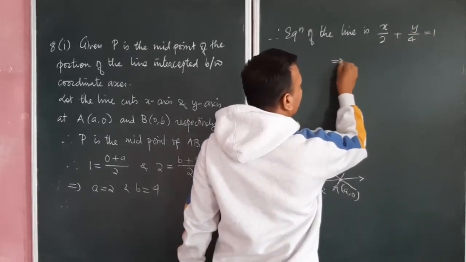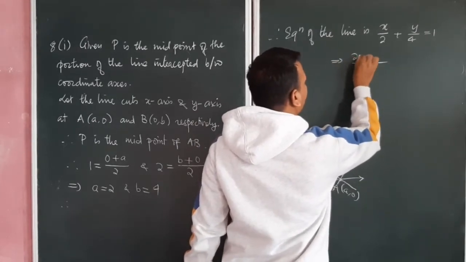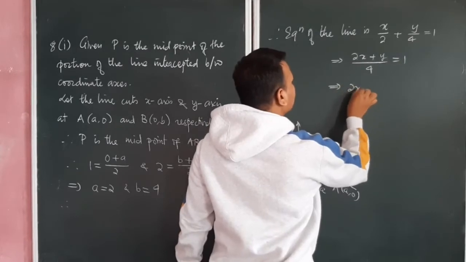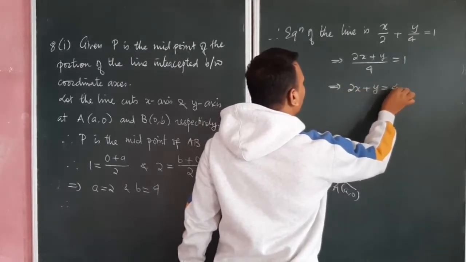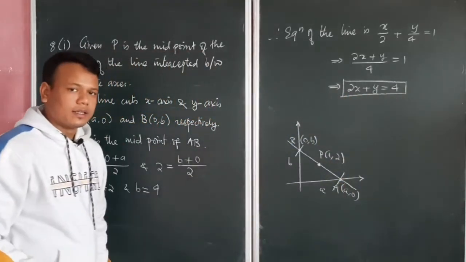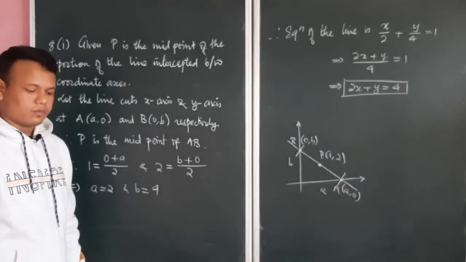Simplify this: the LCM is 4, so 2x plus y equals 4. So this will be the equation of this particular line. You may pause the video to note down.